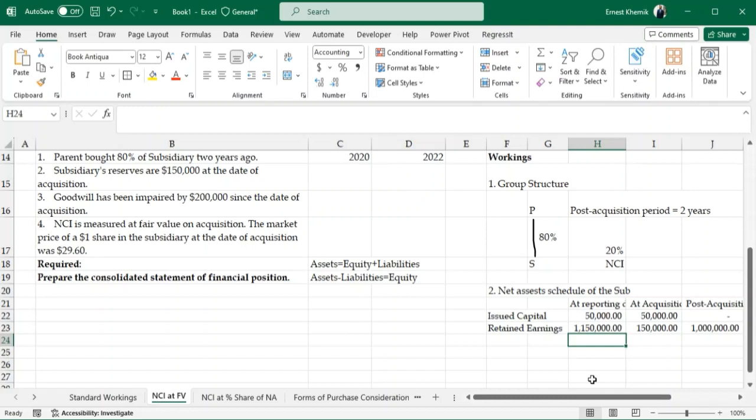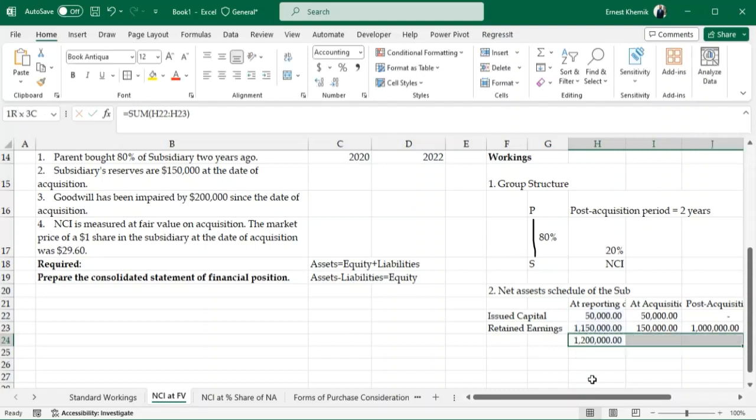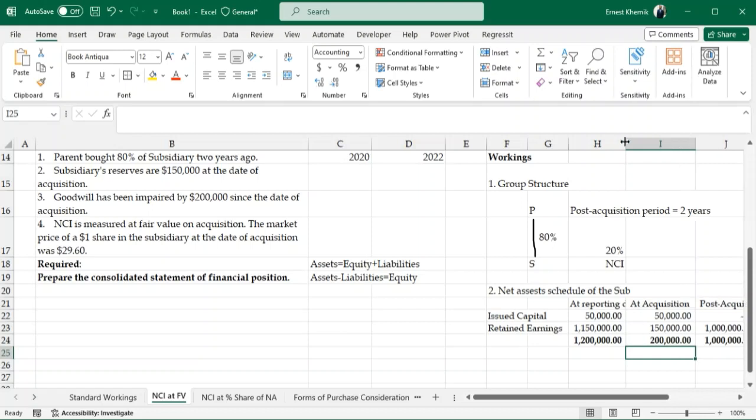All right, so let me sum my figures together. I can sum these together and then copy the formula across using Control R, and then let me bold it to differentiate this. Now this particular total value is going to be used in calculating our goodwill at acquisition. That's why I said goodwill is prepared at acquisition.